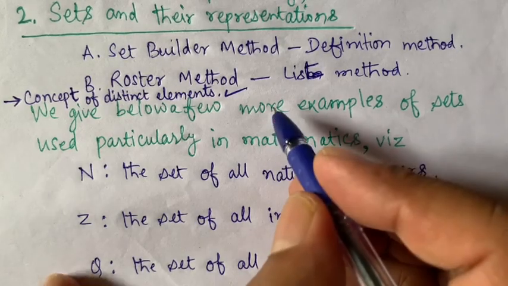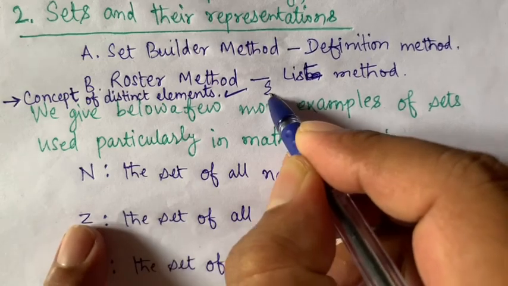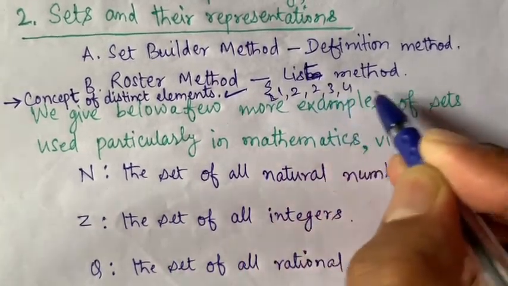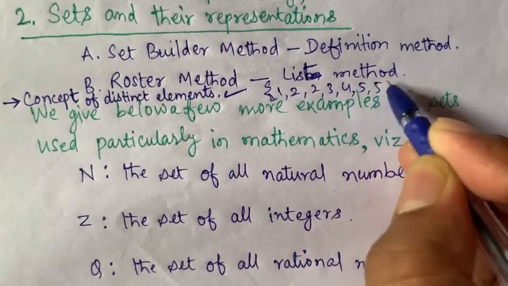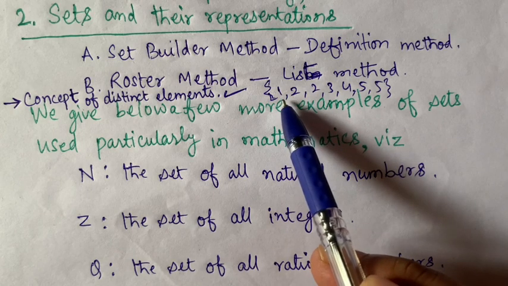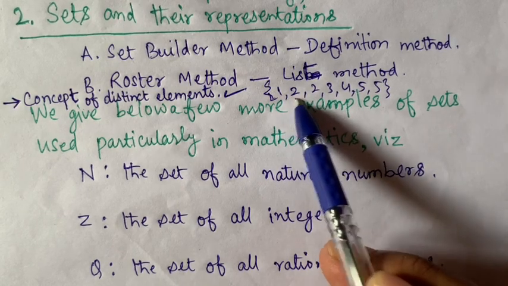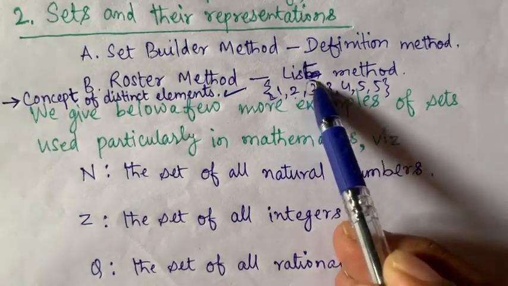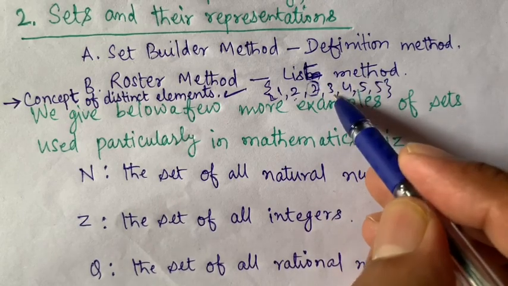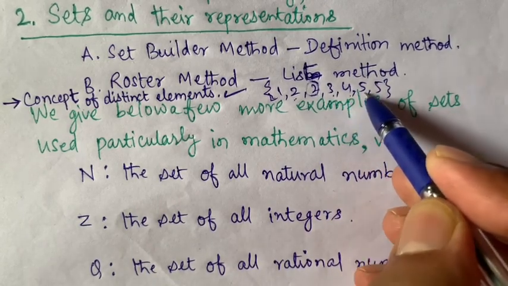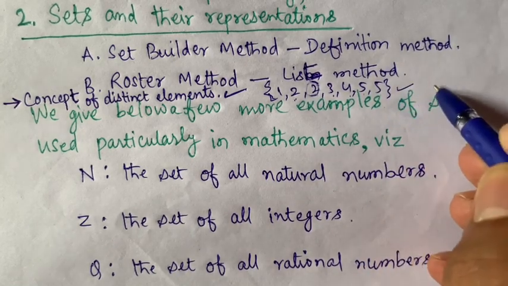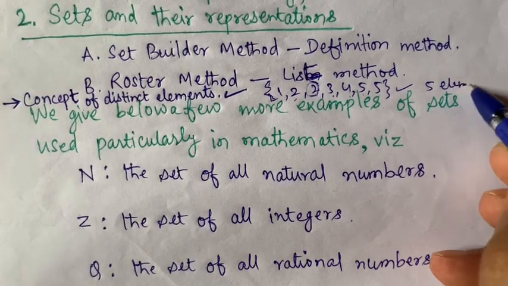If we have a set in which we have 1, 2, 2, 3, 4, 5, 5, then when we count its elements, it will be 1, 2, and now this second 2 will not be counted because we have already counted 2. Now we will count 3, 4, 5, and again this 5 will not be counted, so there will be 5 elements in it.